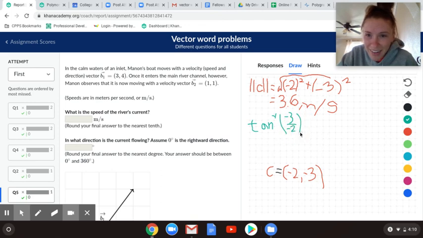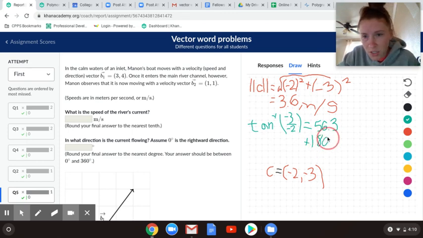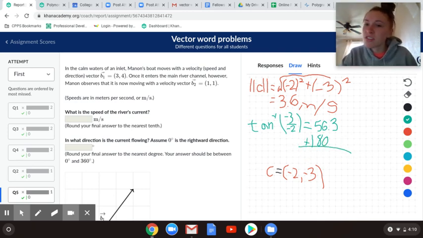Now on my calculator, I got 56.3. But since it is in the third quadrant, I need to add 180 to that angle. And I should get 236.3.